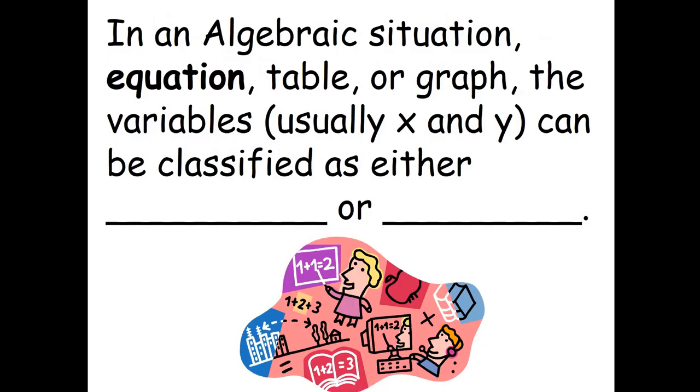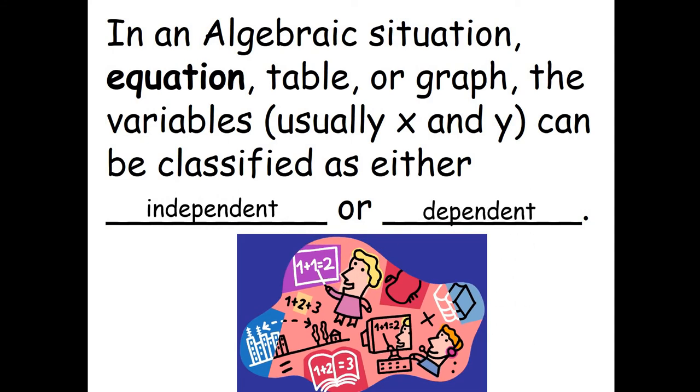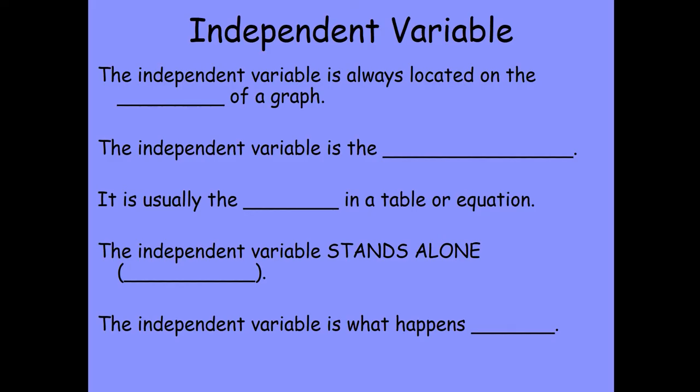Now in algebra, right, we use equations, tables, and graphs with x and y usually. When we talk about the independent variable in algebra, it is always located on the x-axis of a graph, right?